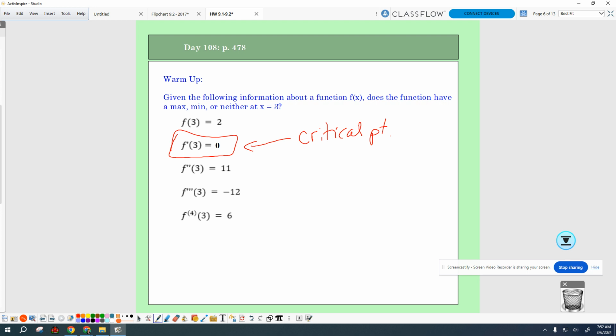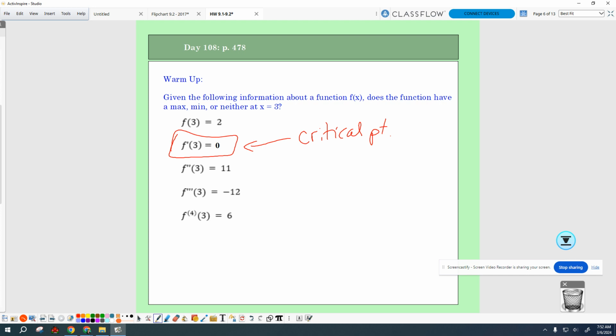And it is. All right, how do I know if it's a maximum, a minimum, or something else? You gotta like keep the number line thing. I don't have a number line. I don't have anything. I don't know anything except these derivatives at x equals 3. I can't do a number line.